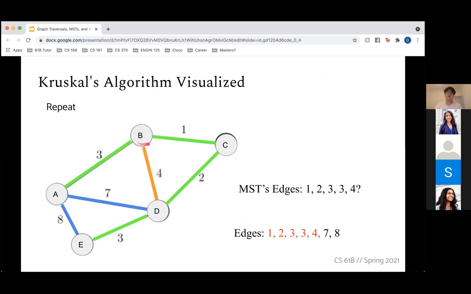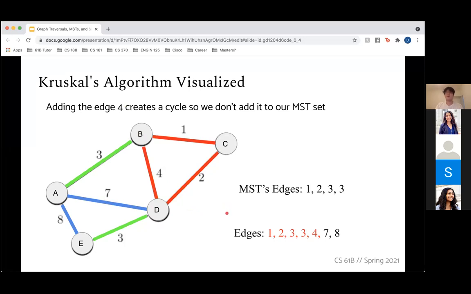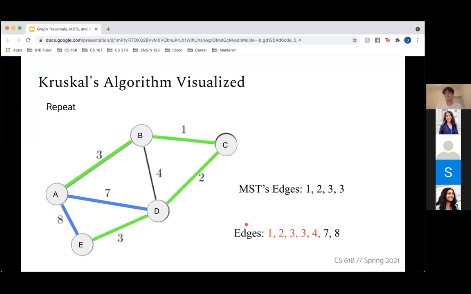So because the edge between B and D creates a cycle, we will not be adding the edge 4 into our MST. All right, now we'll look at the edge AD, which is of length 7. Can we add AD to our MST?